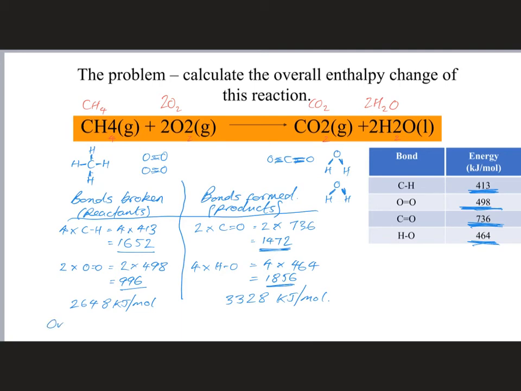And then we use our equation. The overall energy change is equal to the energy needed to break the bonds, which was 2,648, minus the amount of energy released when we make the new bonds of the products, 3,328.